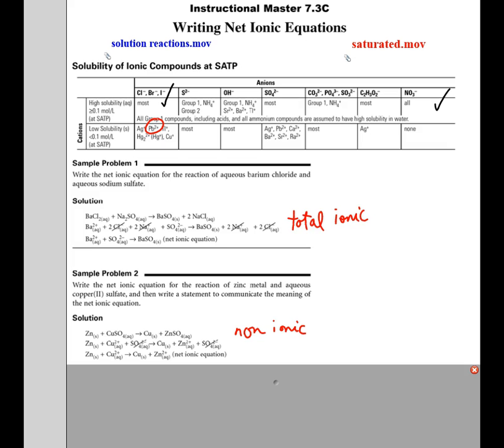So if we return to this sample problem, zinc plus copper(II) sulfate forms copper and zinc sulfate. Now in this case, this is the formation of a solid element. We wouldn't really call that a precipitate exactly. There's an electrochemical reaction taking place, which is changing the form of copper from ionic to neutral elemental.